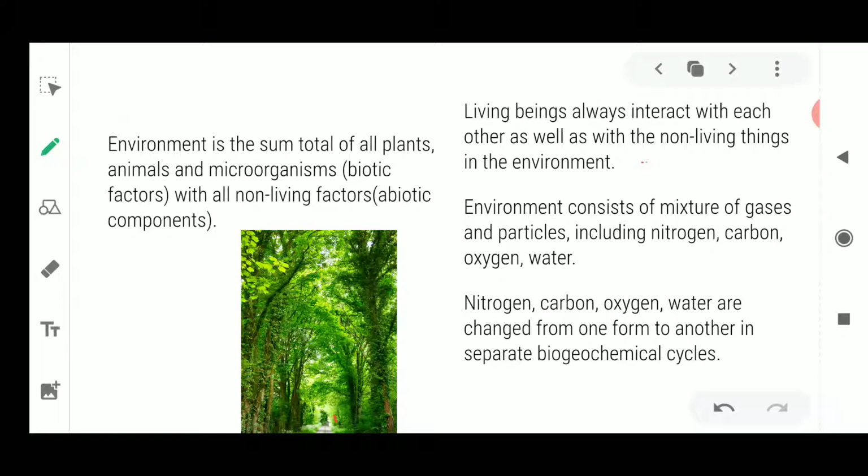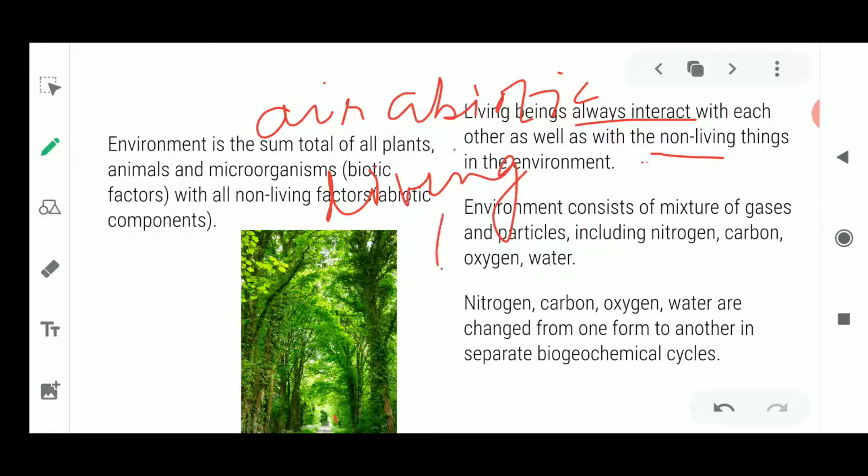So now we need to establish the interaction between these living and non-living components. How are they going to interact? As you can see, we are living, we need to have food, we need to breathe air. Air is a non-living component, an abiotic component, and the living beings are biotic components.